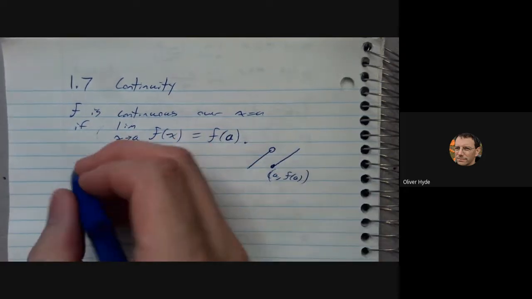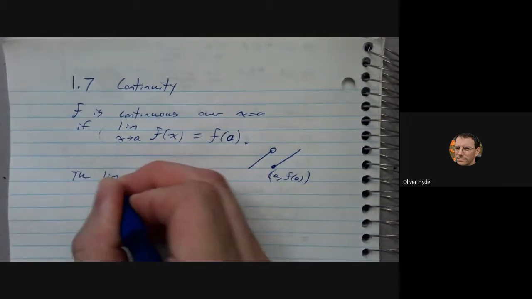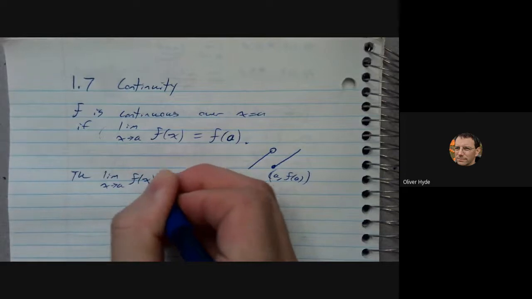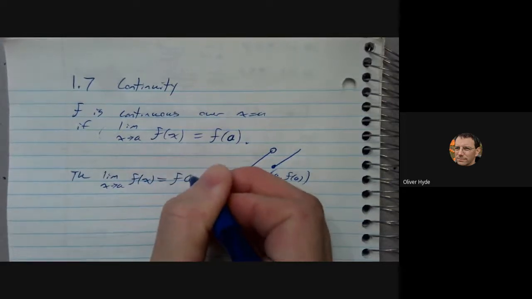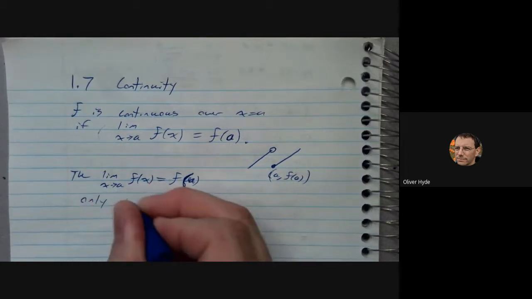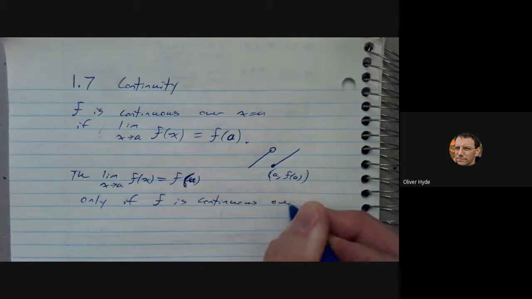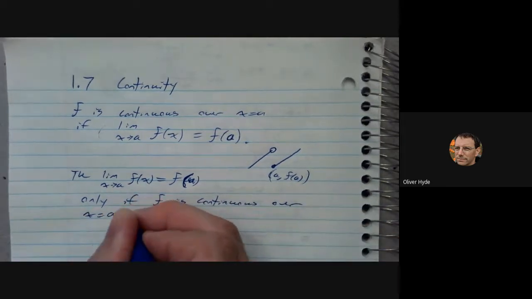Let's try writing it in another order. Let's say the limit as x approaches a of f of x is going to equal f of a. That's a weird way of writing that. Only if f is continuous over x equals a.